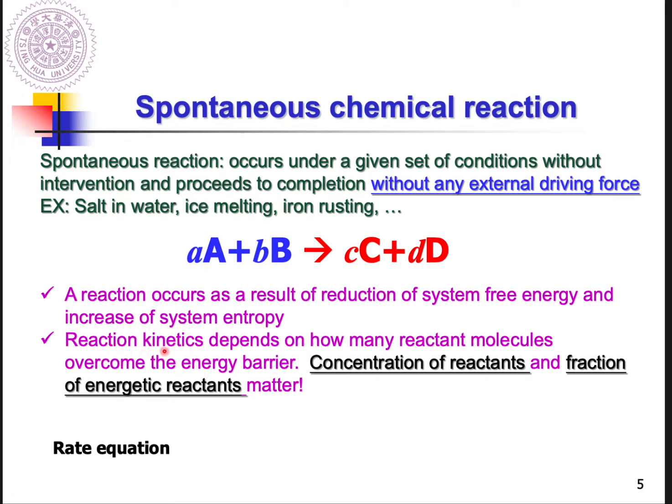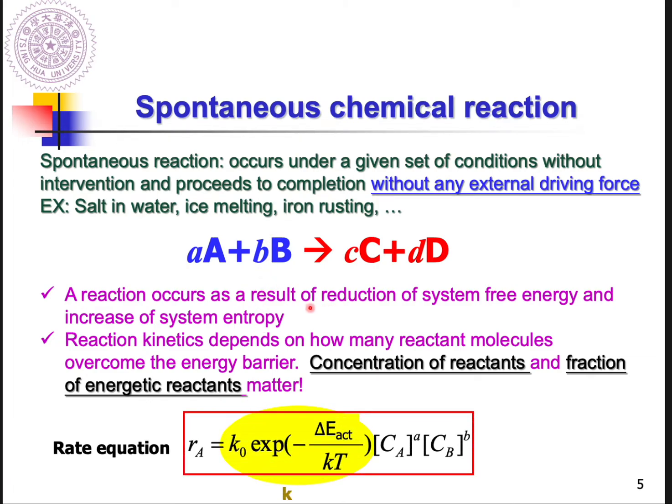And the reaction kinetics depend on the concentration of reactants and also the fraction of energetic reactants. What is the fraction of energetic reactants? That means how many reactants have sufficient energy to overcome the energy barrier.